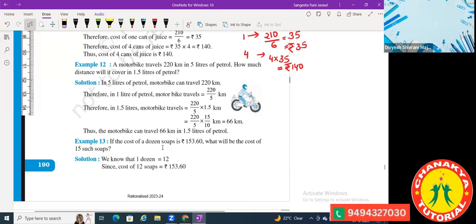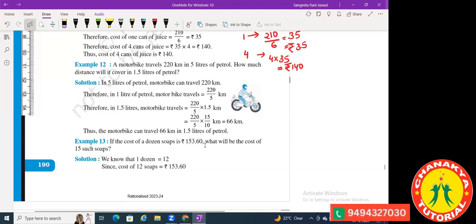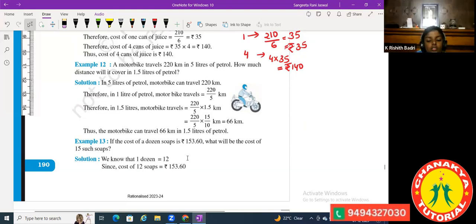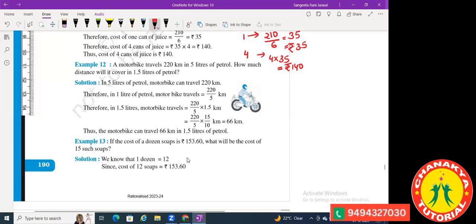Okay, if the cost of a dozen soaps is rupees 153.60 paise, what will be the cost of 15 such soaps? Ma'am, dozen means 12. Dozen is 12. So we should divide 153.60 by 12.